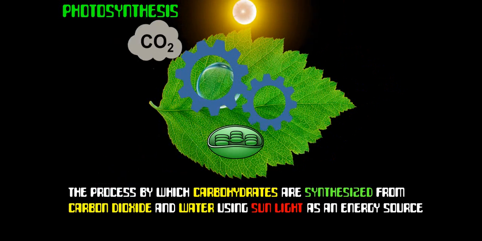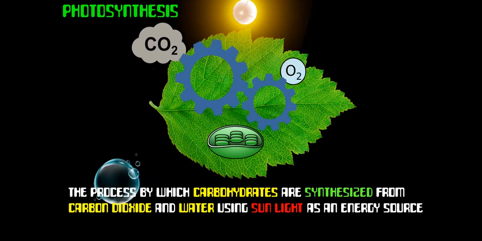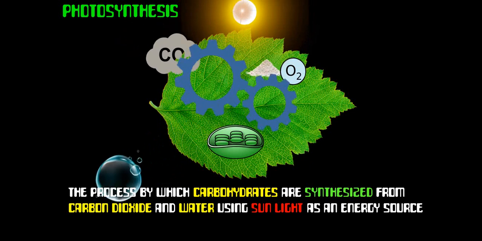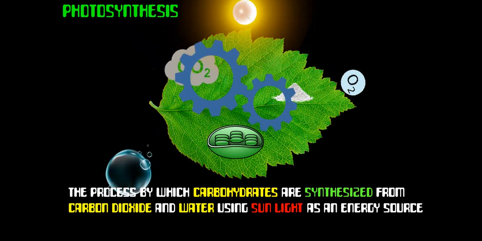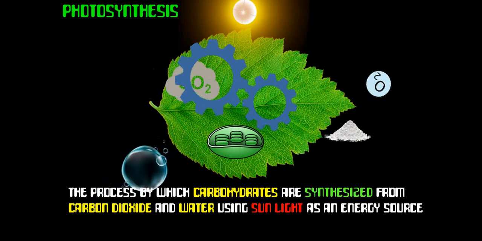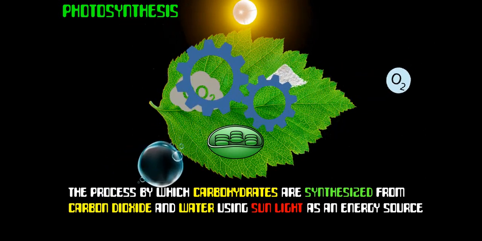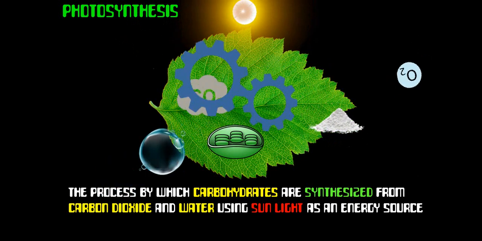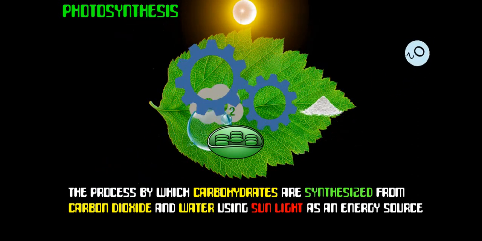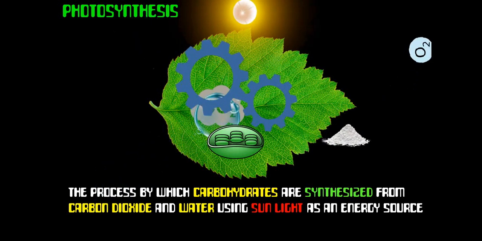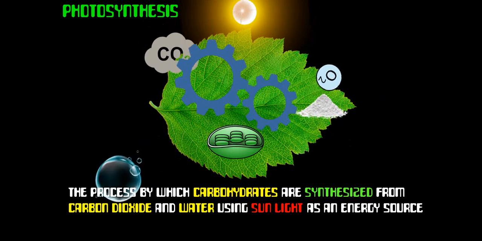And in the process of photosynthesis, the leaf gives out starch and oxygen. Oxygen is released into the air, and starch is used to make food in the form of fruits and other storable parts.